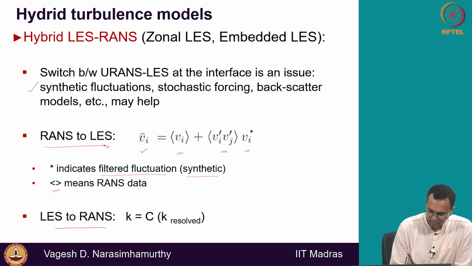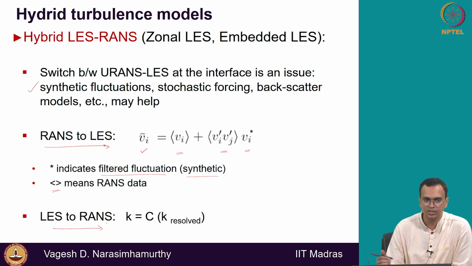And the other way, that is going from LES to RANS, is the feedback coming from LES to RANS. In LES, you are computing the resolved turbulence kinetic energy, and in RANS I need the full turbulent kinetic energy. So this is a lot simpler.